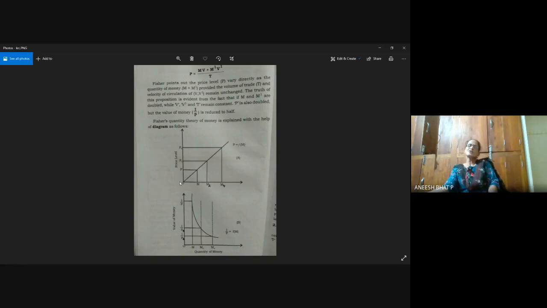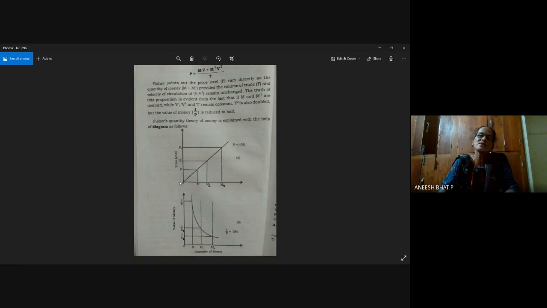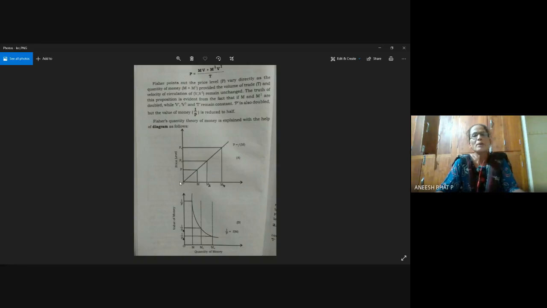His equation of exchange was extended, and it can be written like MV plus M dash V dash is equal to PT. So we can write P is equal to MV plus M dash V dash by T.